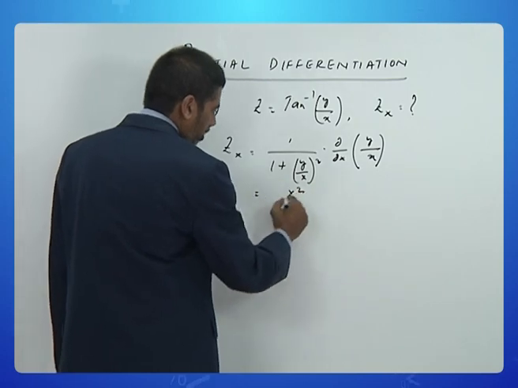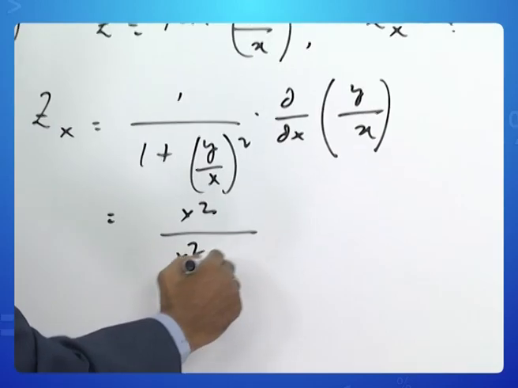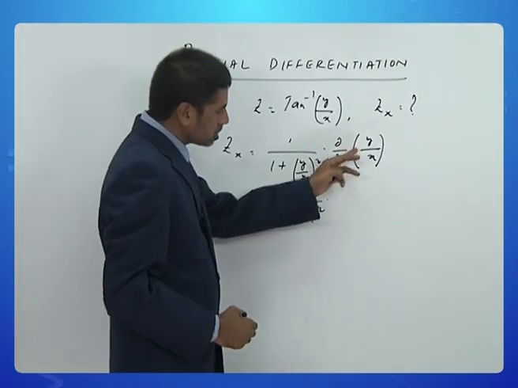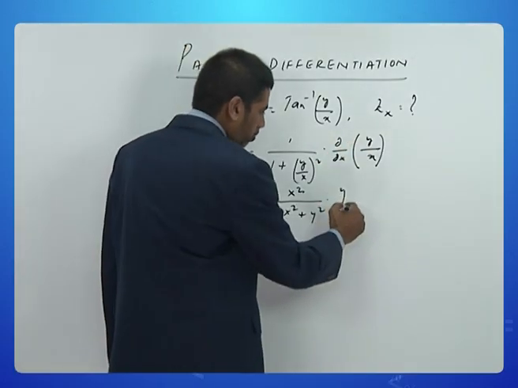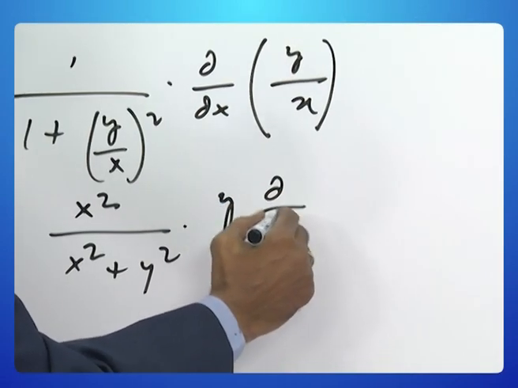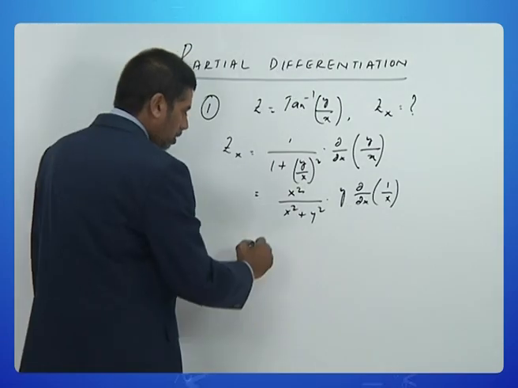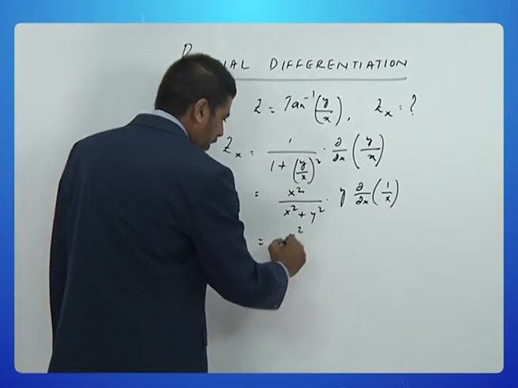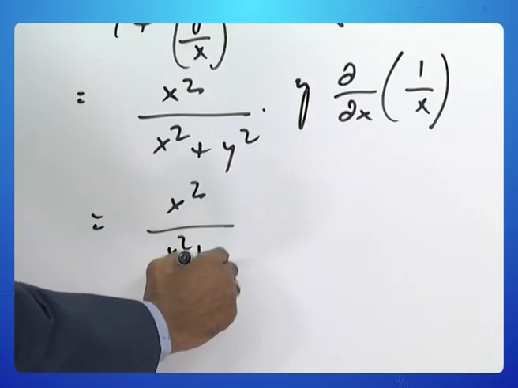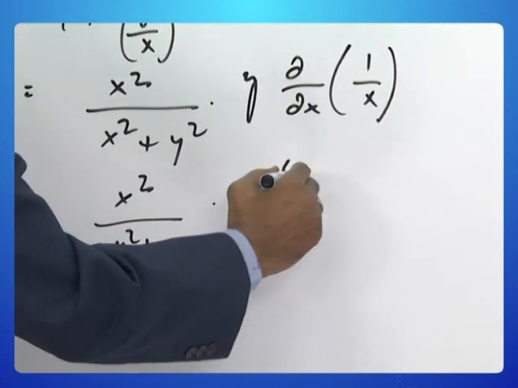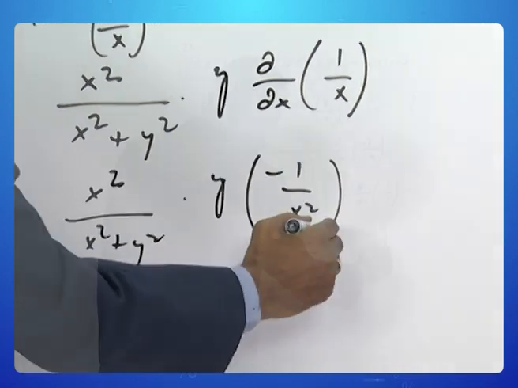So if you simplify, you get this, and with respect to x, y is a constant, so you can pull it out, y dou by dou x of 1 by x. So x squared by x squared plus y squared into y into minus 1 by x squared.